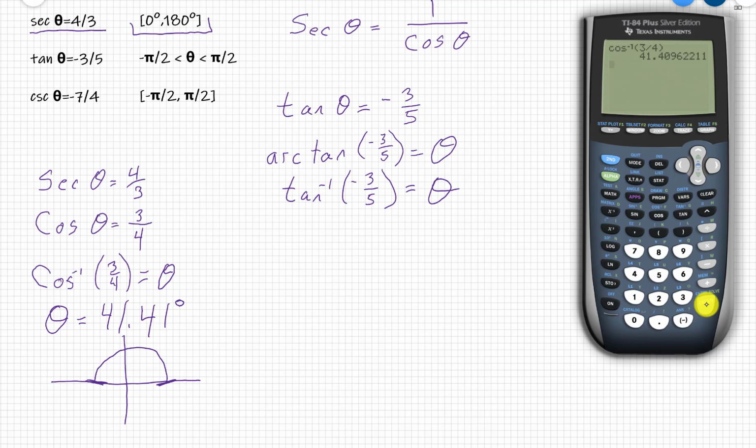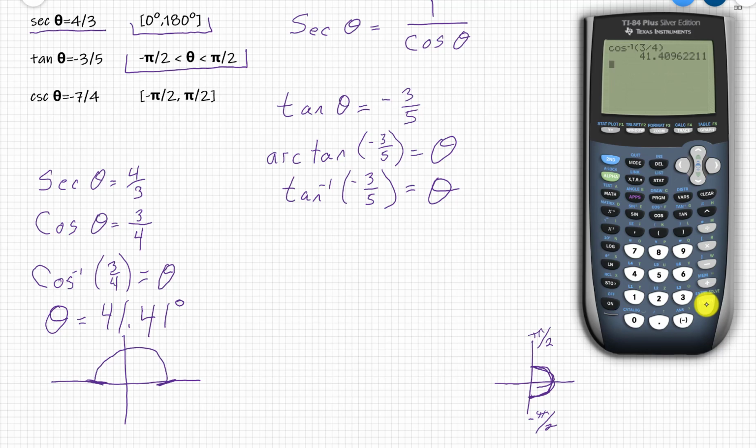So looking at this, we're looking for an angle that's between -pi/2 and pi/2. And once again, going back to our inverse functions, tangent is between -pi/2 and pi/2, or -90 degrees and +90 degrees. So our calculator is going to give us exactly what we're looking for here.